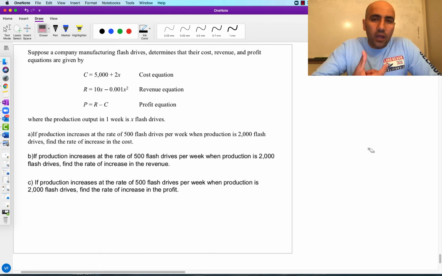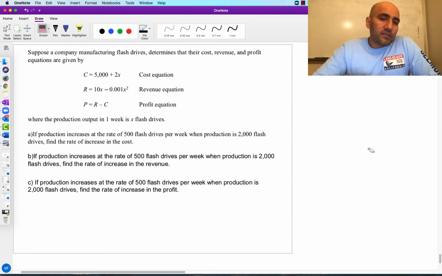So there's a fixed cost of $5,000 plus twice x, where x represents the product output in 1 week, the number of flash drives produced in 1 week. So it's $2 per flash drive plus $5,000 is their cost equation.